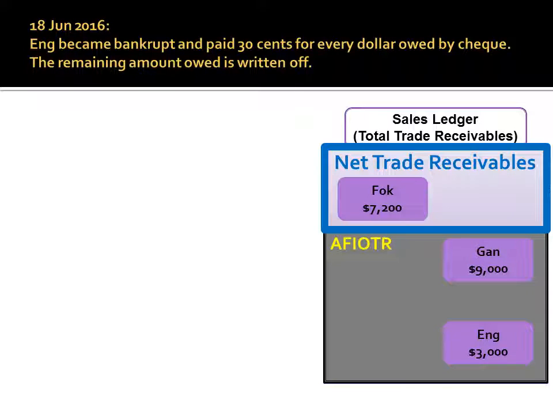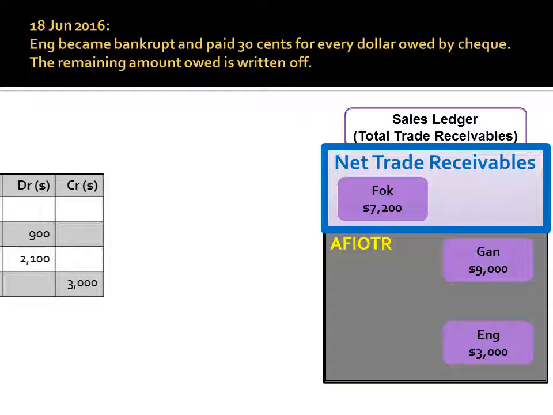Suppose Ing went bankrupt and was able to pay 30 cents for every dollar owed by cheque. This means that Ing was able to pay 30% of whatever he owed. We are given further information that the remaining 70% is to be written off.